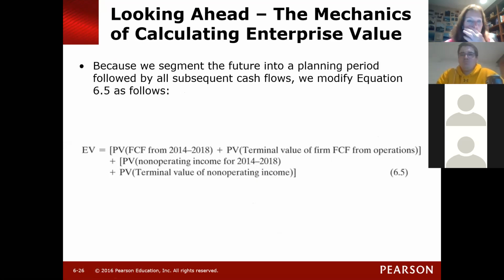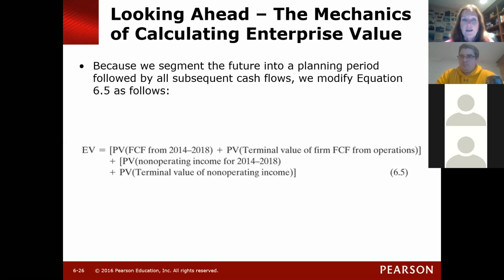But we're really going to break it down into the pieces because we may have steady state cash flows for several years and then a terminal value. So we want to look at the present value of our steady state cash flows plus the present value of our terminal value from operations. And then we want to look at the present value of our non-operating income if it's stable for a few years, plus the present value of our terminal value for non-operating income. So those are the four pieces that are going to go into our enterprise value.